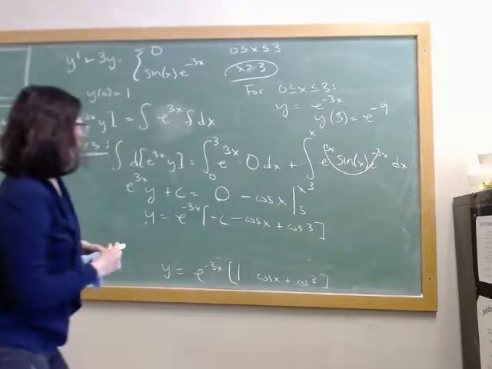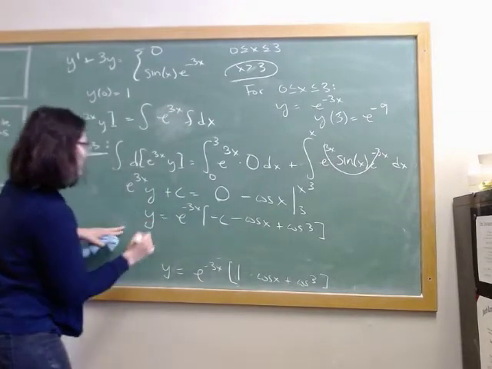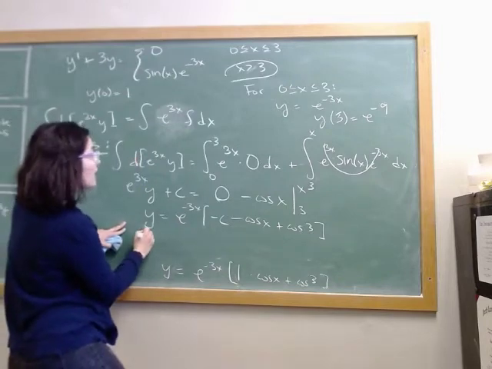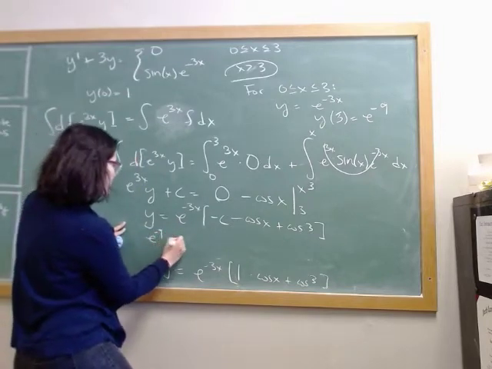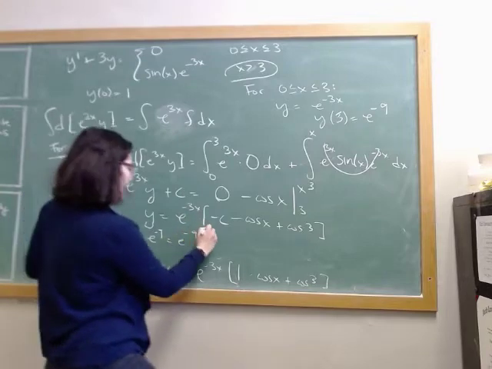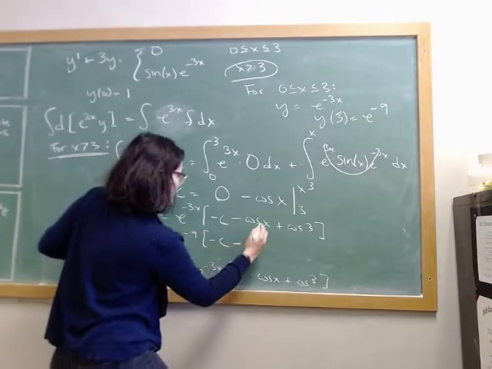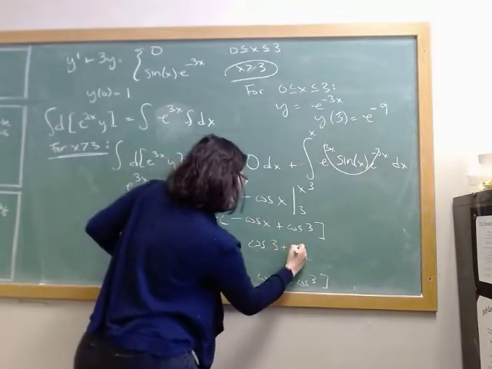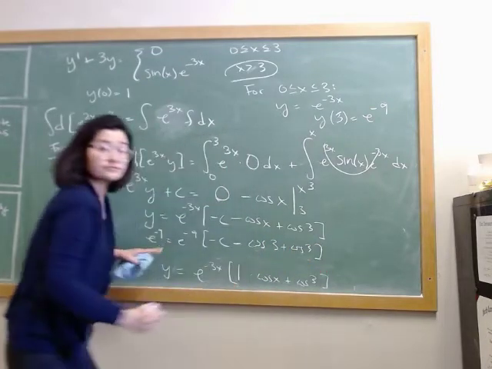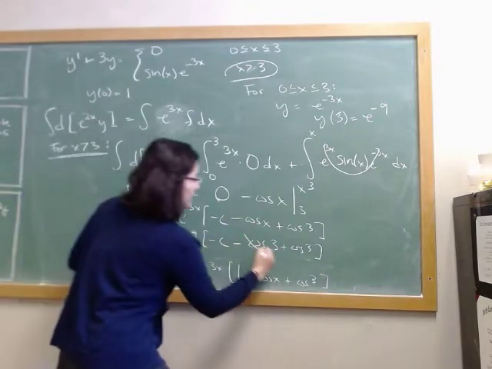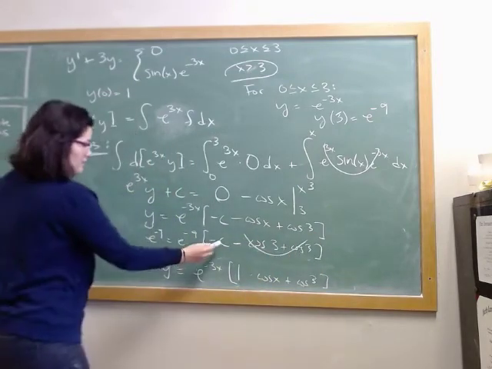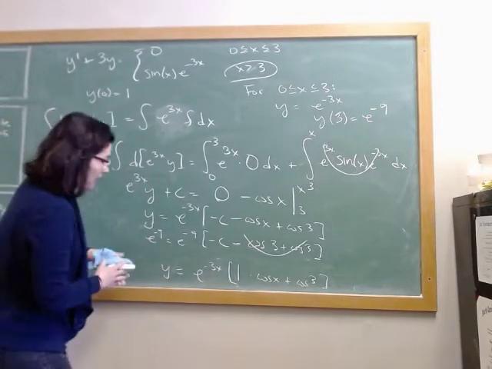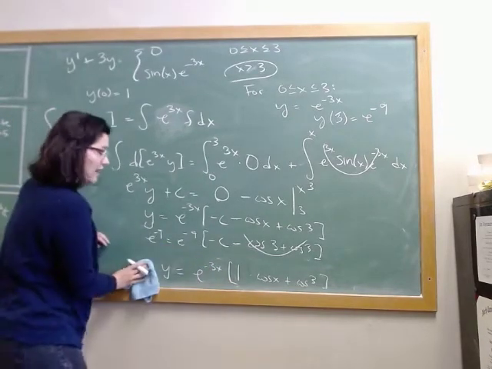And then over here, I'm going to have to think, okay, when x is 3, I should get e to the minus 9 over here, e to the minus 9, negative constant minus cosine of 3 plus cosine of 3. And then these cosine 3's cancel out with each other. My c ends up being negative 1. Which gives me the same answer I had below.